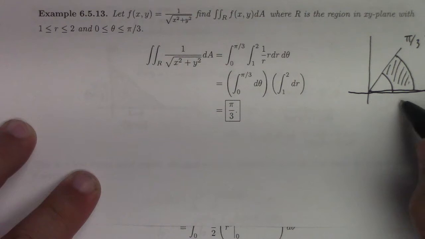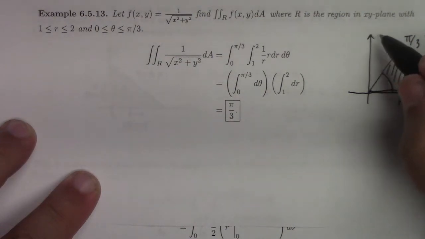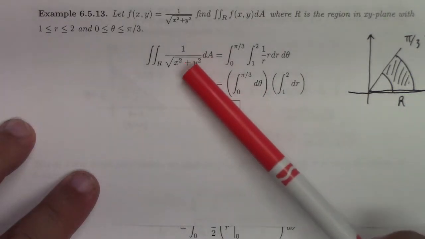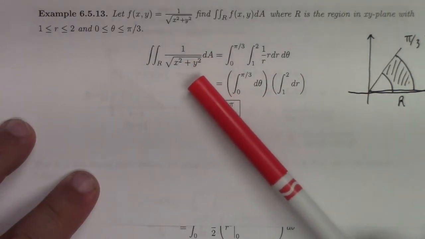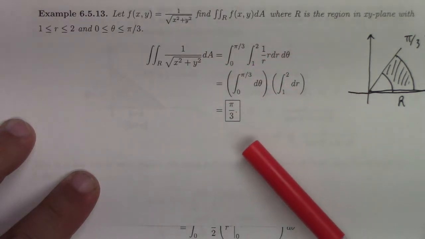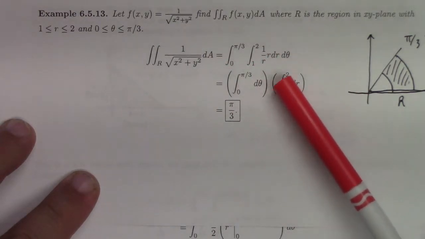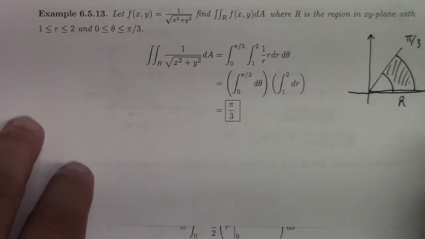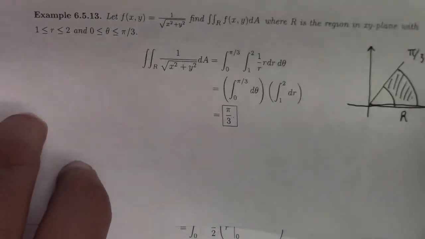That's a picture of R like that. And we're doing the integral of 1 over the square root of x squared plus y squared. So in polar coordinates, that's 1 over r. dA is r dr d theta, and the r's cancel, and we can just do that integral and get pi over 3. That wasn't too bad.